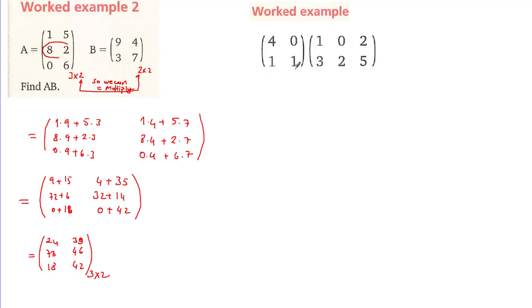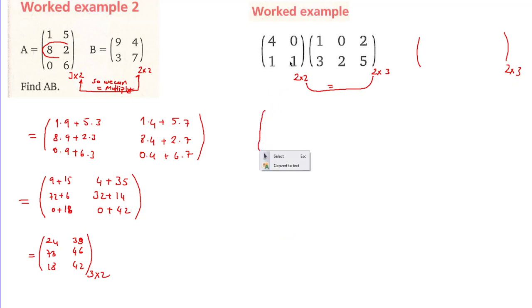Okay, now we are going to multiply a 2 by 2 matrix by a 2 by 3 matrix, 2 rows and 3 columns, which means these two are equal to each other. So the resultant matrix is going to be a 2 times 3 matrix. First, we need to know that. Okay, I'm going to multiply them here.